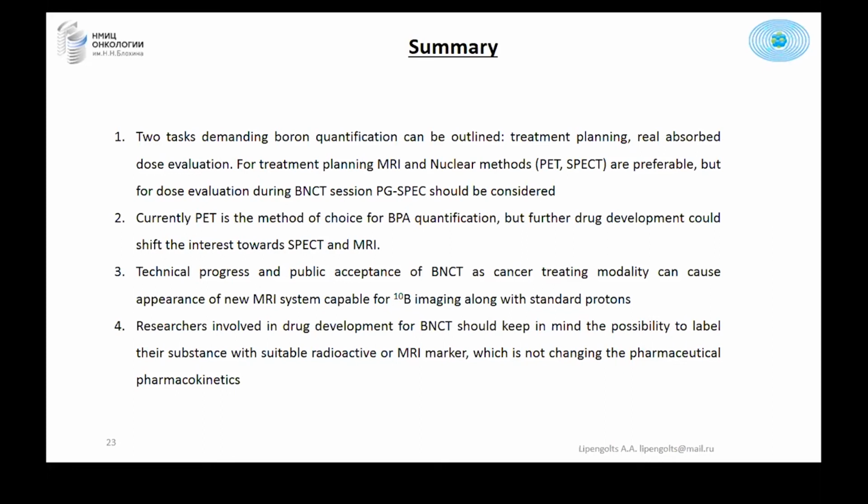And all the researchers involved in drug development for BNCT should be focused not only on delivering the maximum amount of boron to the tumor, but also keep in mind the way of its quantification, and maybe beforehand design the possibility of its labeling, maybe with a radioactive marker or MRI marker.